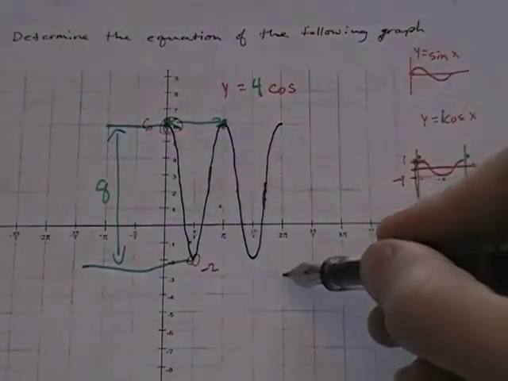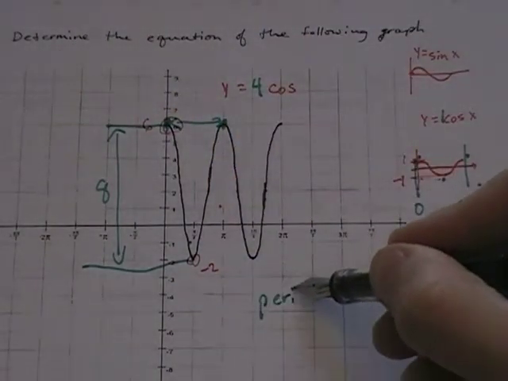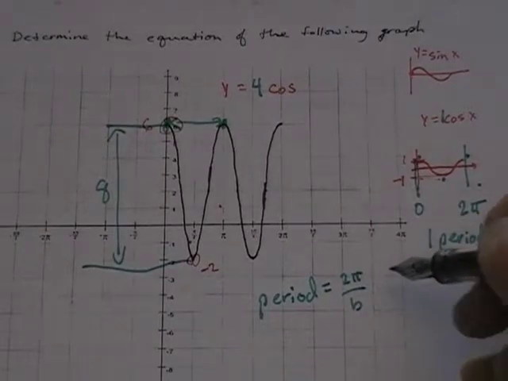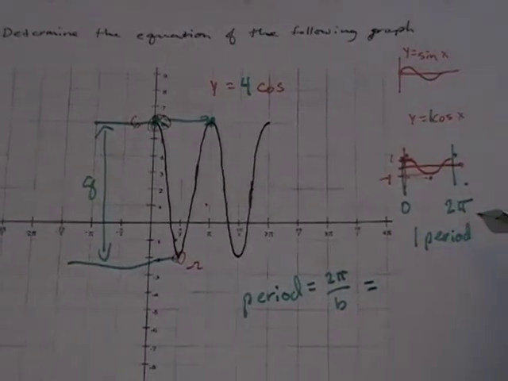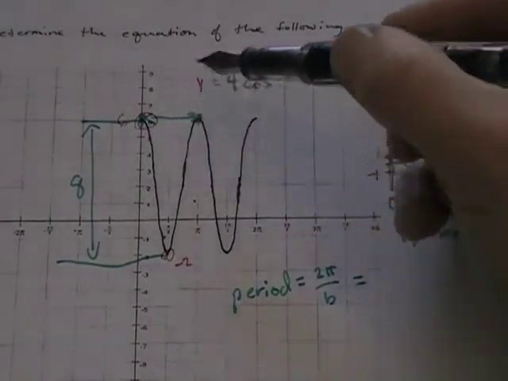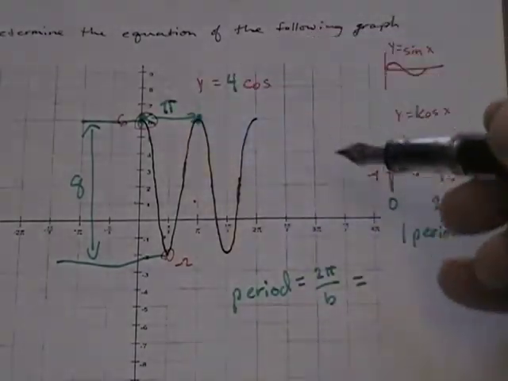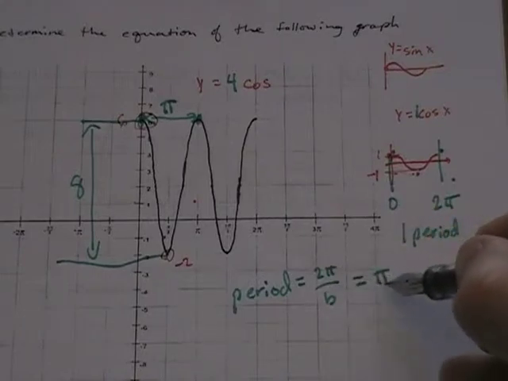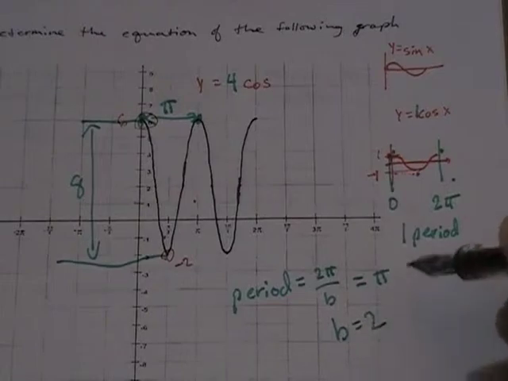So I come over here to the side and I say the period of any cosine graph is 2 pi over b. And in the case of my graph, the period is actually pi units. So 2 pi over b is equal to pi. Solve for b, and that gives you b equals 2.